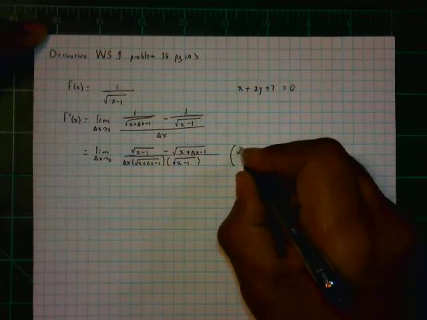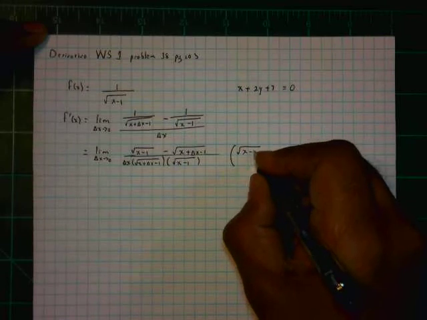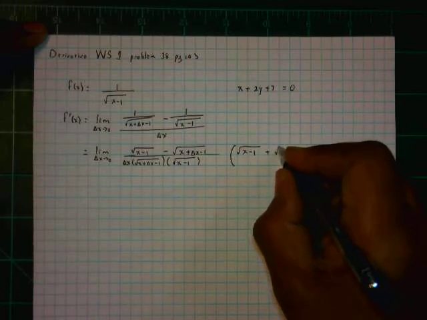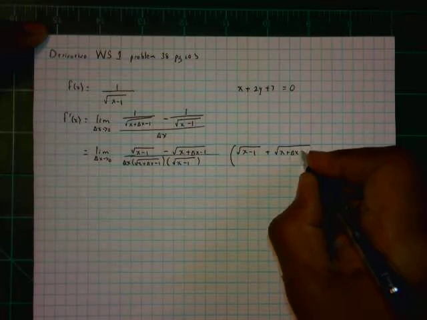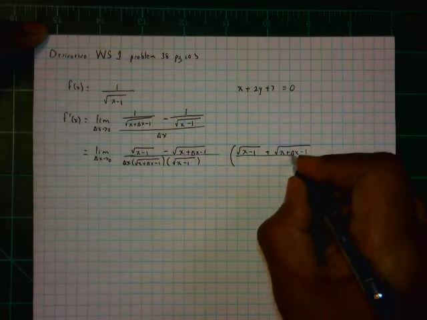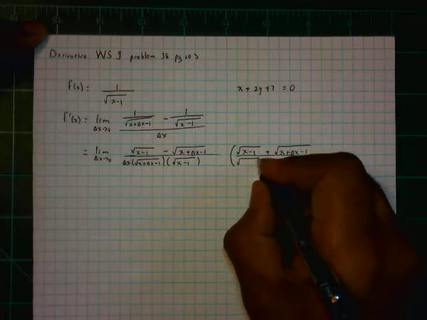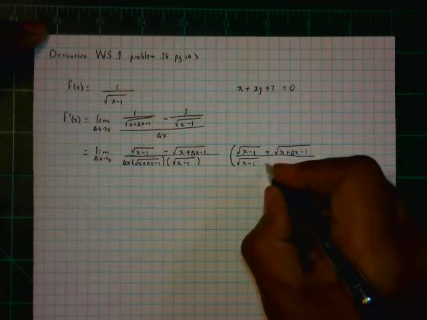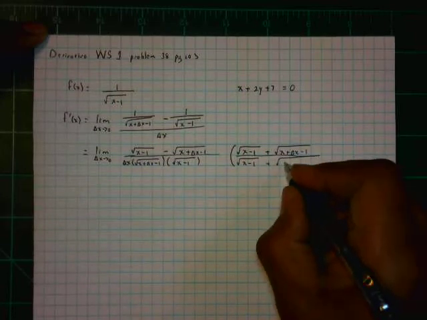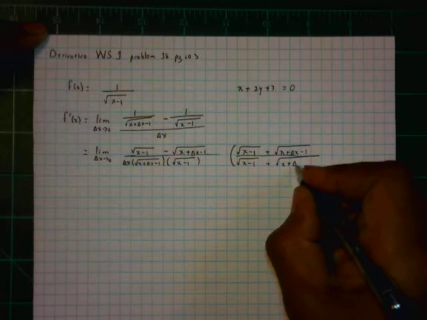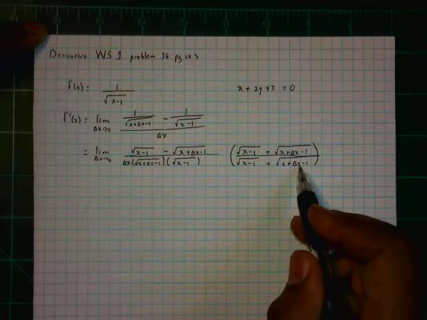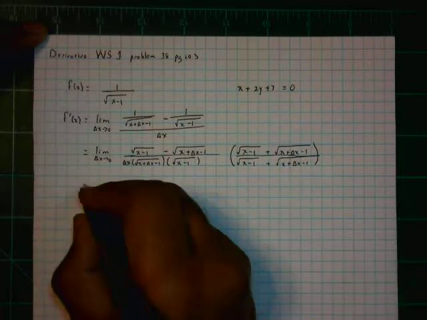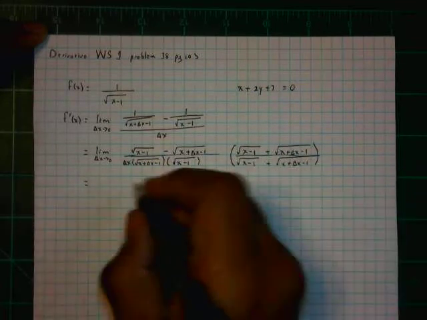So this will just be the square root of x minus 1 plus the square root of x plus delta x minus 1 over the square root of x minus 1 plus the square root of x plus delta x minus 1. Now as long as this denominator is not 0, we're just multiplying by 1, so that's acceptable there. Now this will clean up.